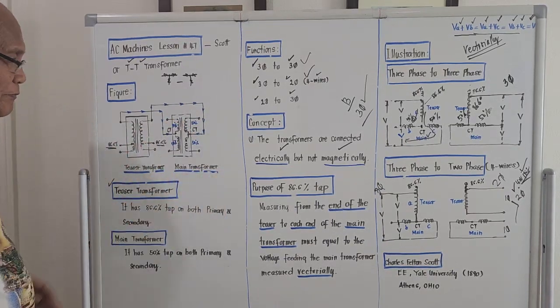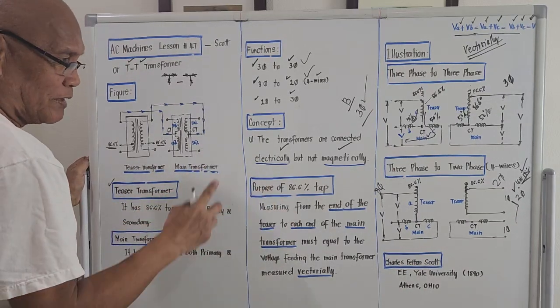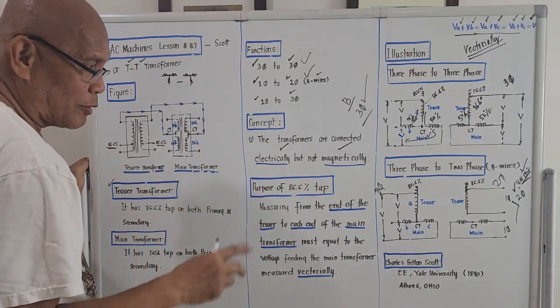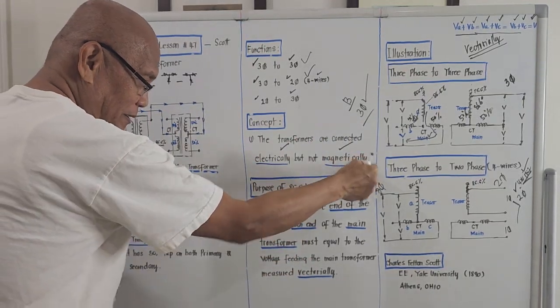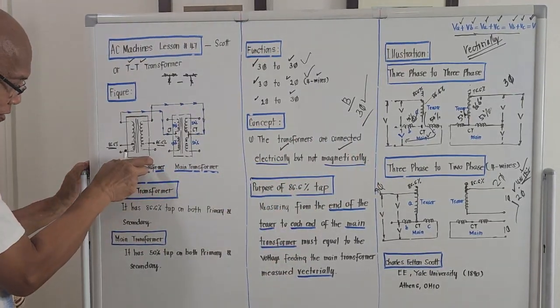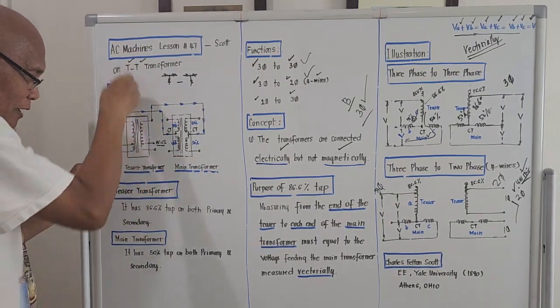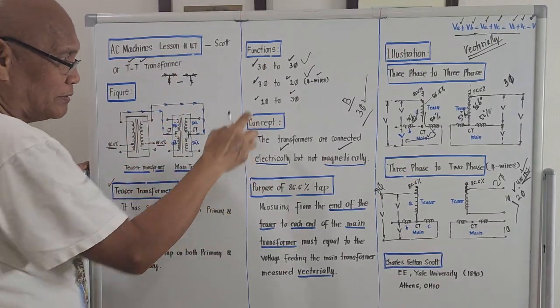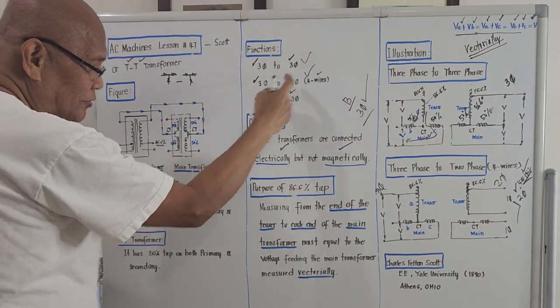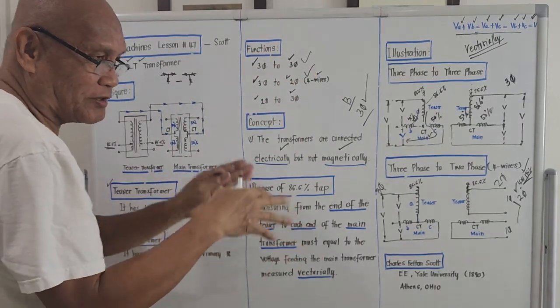That's why, according to the definition, a Scott or TT transformer is a transformer whose parts are connected electrically but not magnetically. So this is actually two separate transformers with six terminals coming out each, and to obtain three-phase to three-phase, three-phase to two-phase, or two-phase to three-phase, you just change the interconnection.